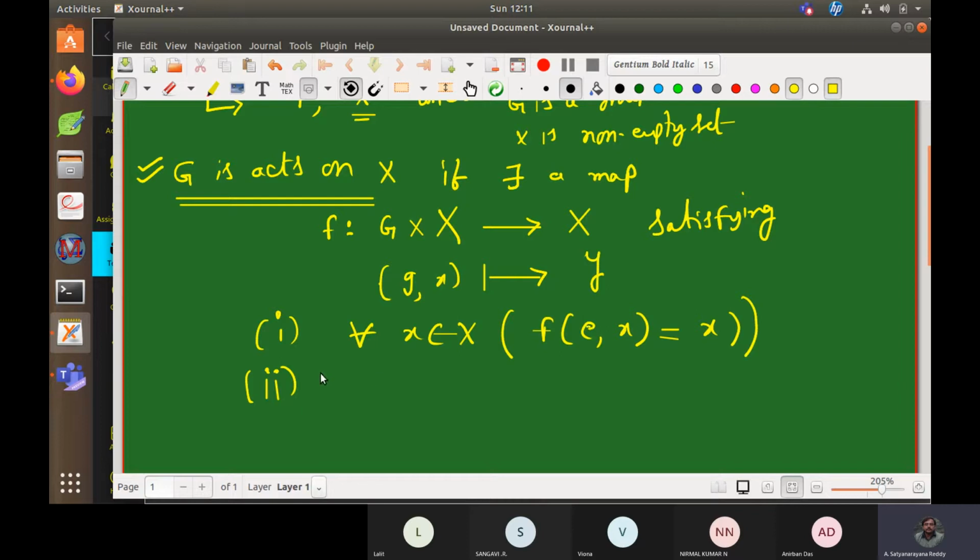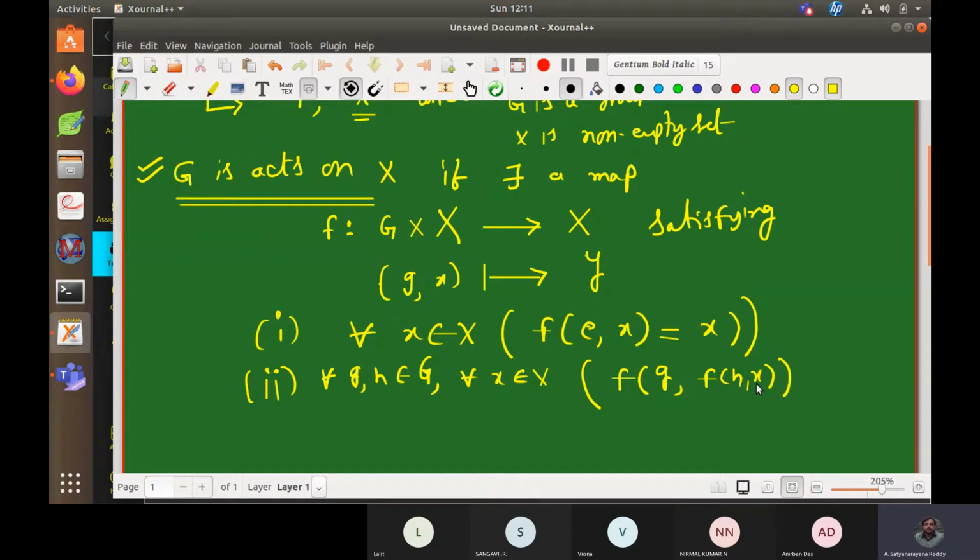Now second condition: for every g comma h belongs to G, for every x belongs to X, f of g comma f of h comma x. So what is happening here? First h acting on x, this is generally what we call acting.